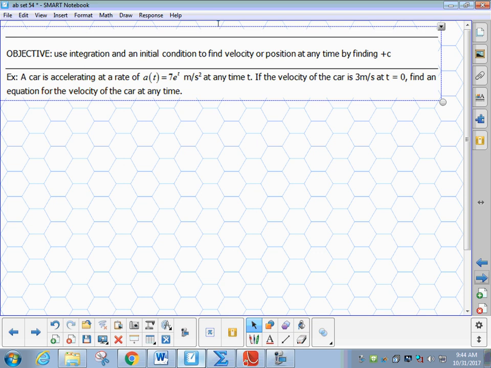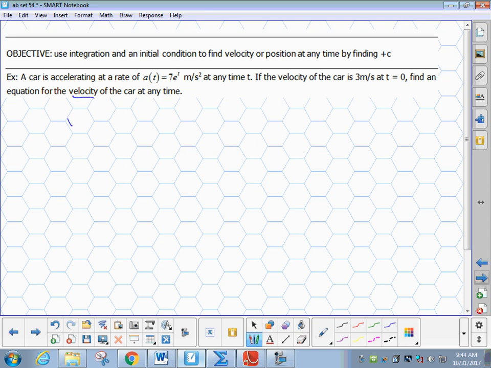So say acceleration is given, and they tell you velocity at a point. How can you find the velocity at any point? Well, what is the velocity's relationship to acceleration? Yeah, it's the integral.